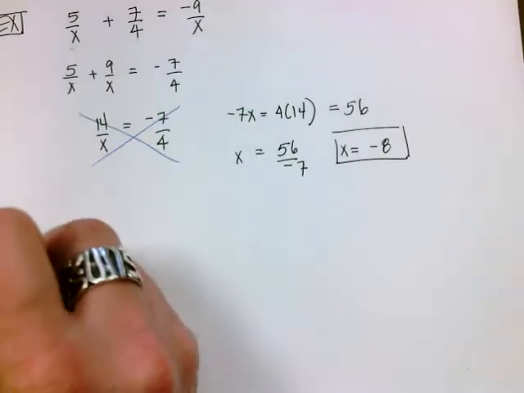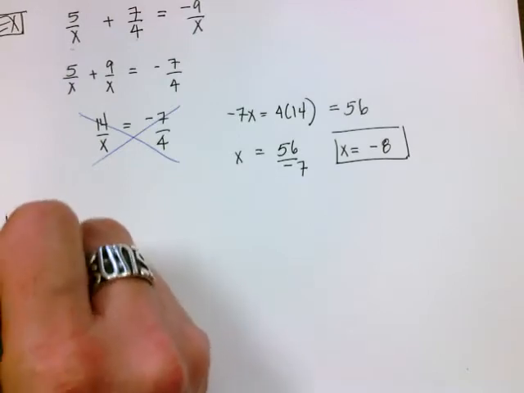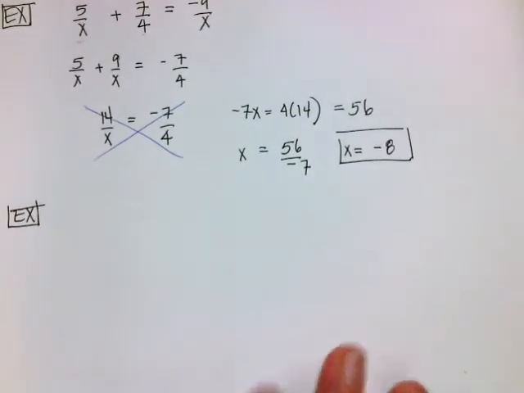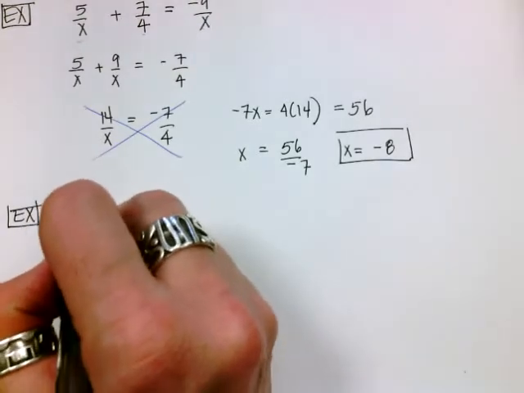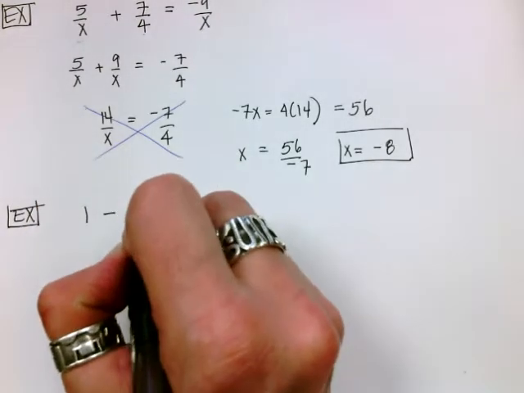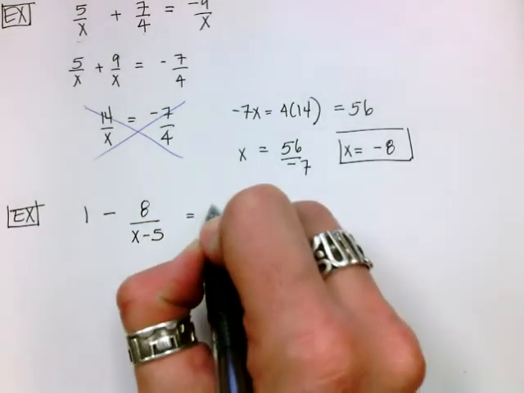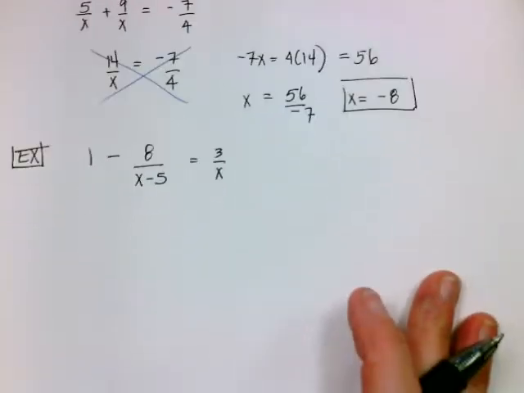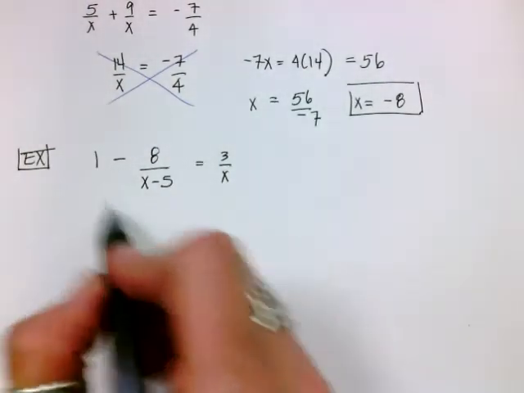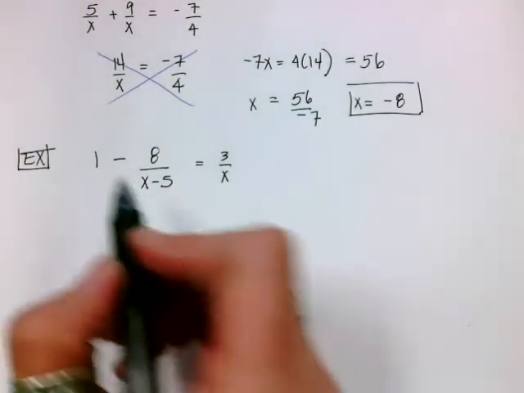It's good. The world didn't explode. So we can move on and do another example. Okay? This one is going to be 1 minus 8 over x minus 5 is going to equal 3 over x. So again, before I can manage anything, this one's not especially pretty.